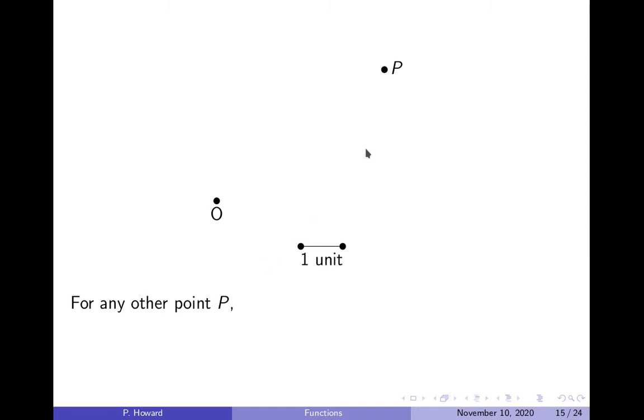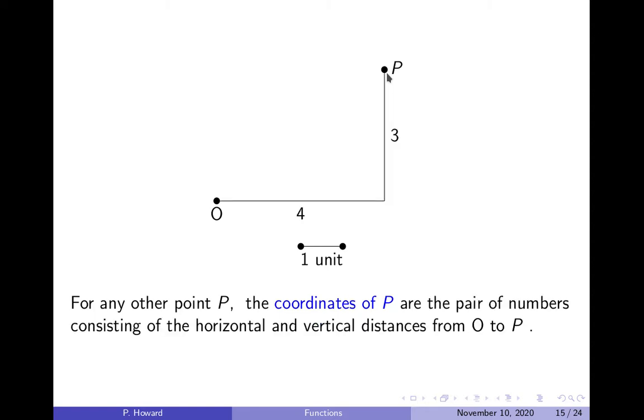Now, take some other point in the plane. I've called this other point P. It's sitting up here to the right and above the origin, but it could be anywhere in this plane. The coordinates of P are the pair of numbers consisting of the horizontal and vertical distances of P from the origin. So you start at the origin.